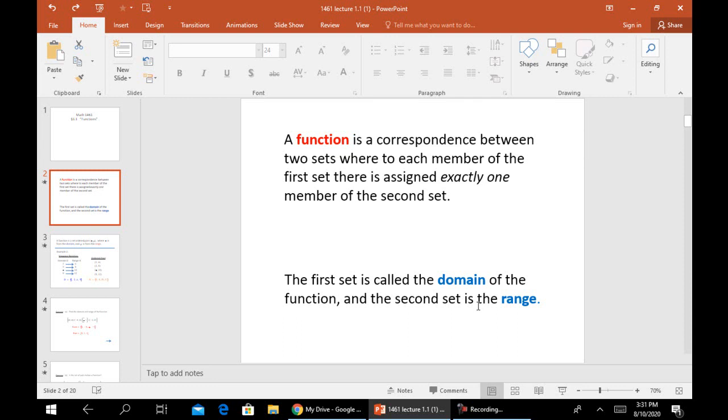So basically we are pairing up the elements of the domain and the range. So a function is basically an association between the members of the domain and the range.